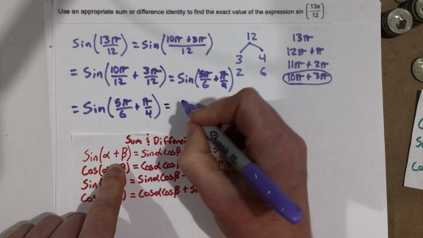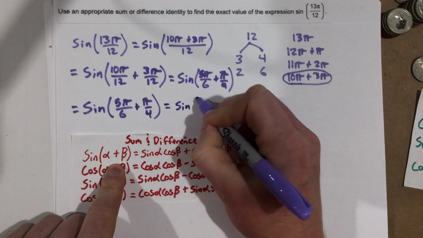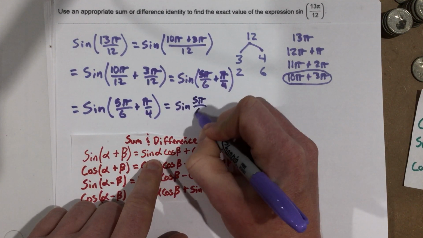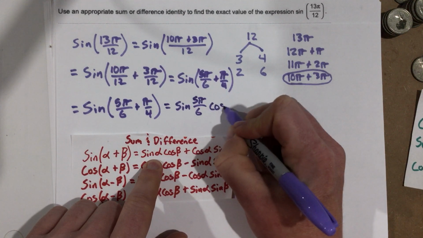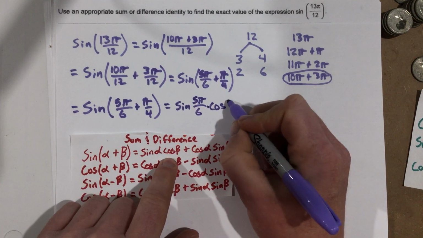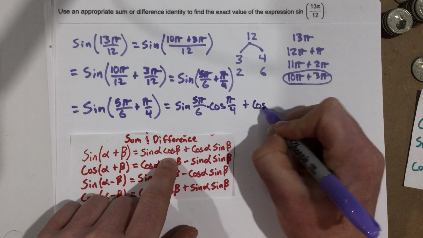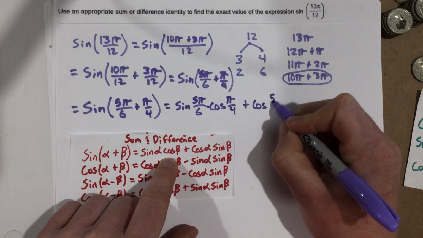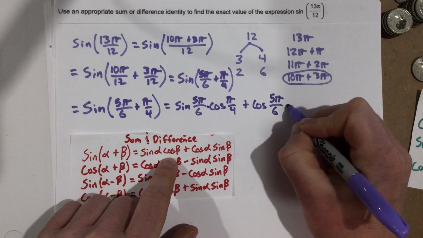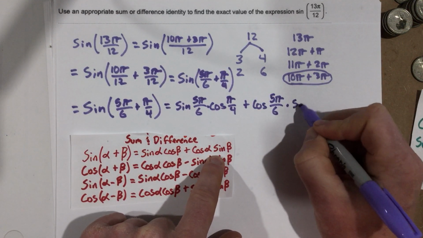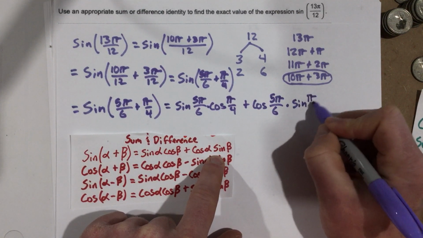So we're going to say that that is sine of 5 pi over 6 times cosine of pi over 4, plus cosine of 5 pi over 6 times sine of pi over 4.